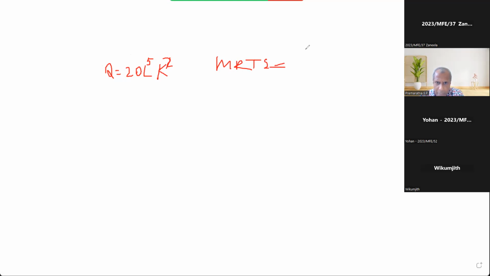Differentiate this with respect to L, you get the marginal product of labor. Divide by the derivative with respect to K, which gives you the marginal product of capital. So last week we did the exercise also. That way we can find the MRTS.